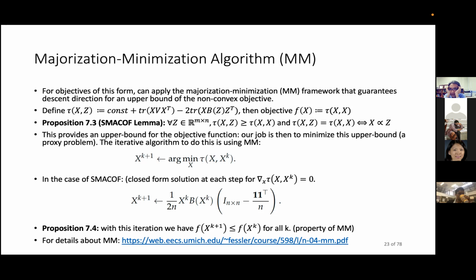For the first formula that we see there, why do we adjust x as opposed to xk? Because proposition 7.3 is proved about when we adjust the second parameter of tau, we can get to whatever the value.